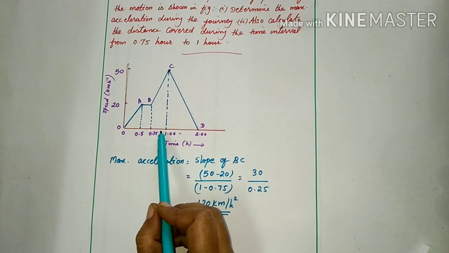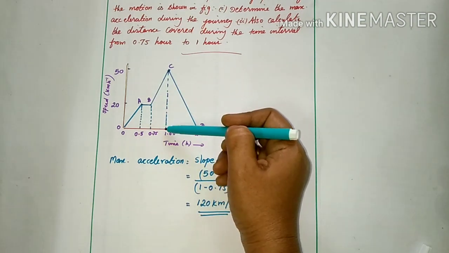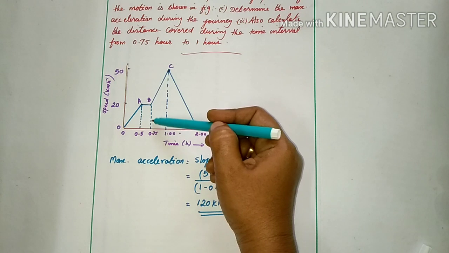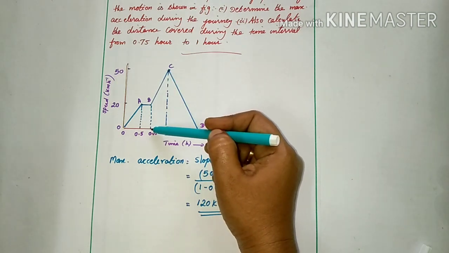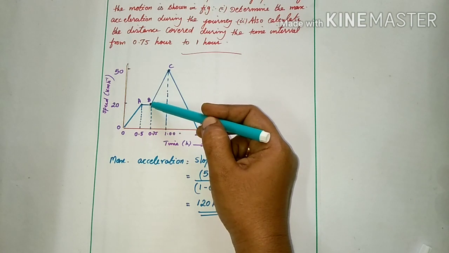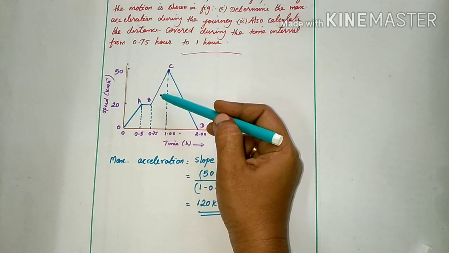So the distance covered is equal to the area under the graph. So here from 0.75 to 1, the area is in the shape of a trapezium.